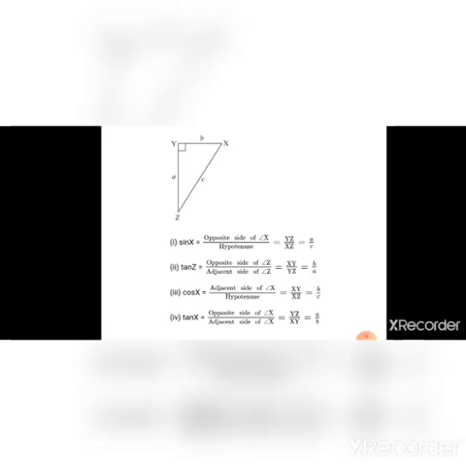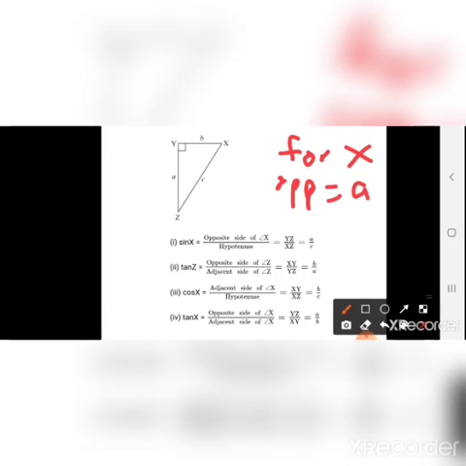First we have to go for x. For x, opposite side is A. Adjacent side is B. And hypotenuse is C.